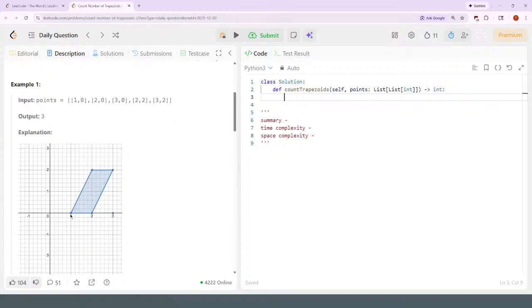Actually, if there were 3 points like (1, 0), (2, 0), and (3, 0), then of those 3 points you can form 3 horizontal sides at this y coordinate of 0, so like 1 to 2, 2 to 3, or 1 to 3. And then any of those horizontal sides can form with any horizontal sides that are at a different y coordinate, and that would form the trapezoid.